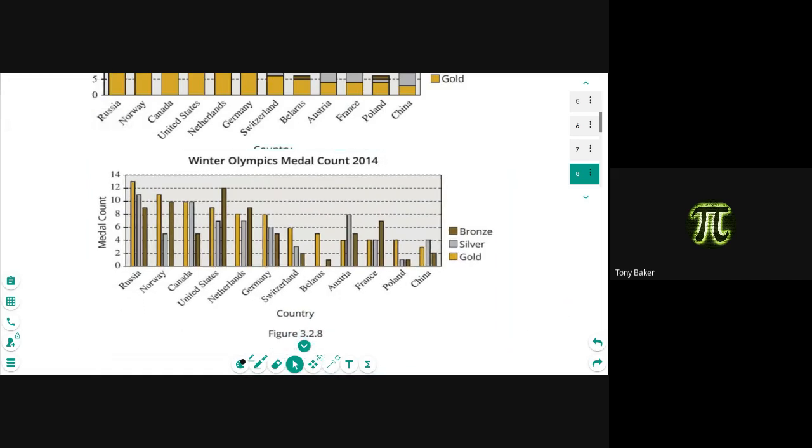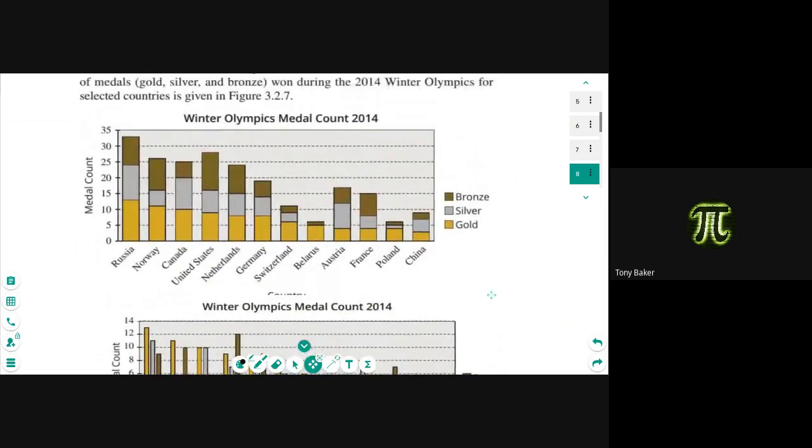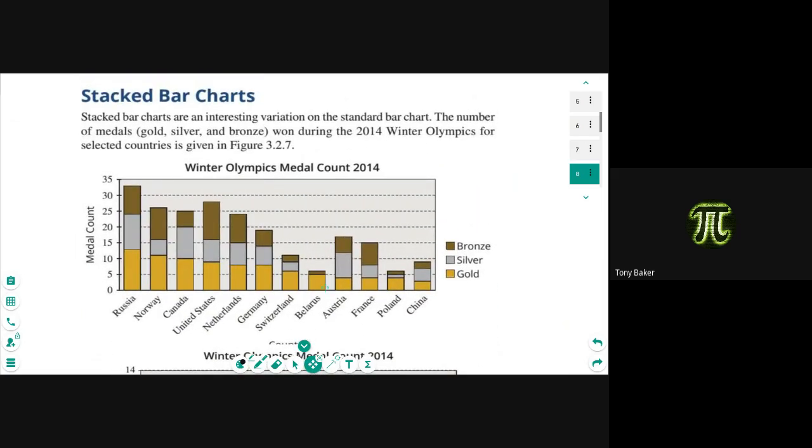Same graph, same information, except it's a lot busier. So it's a lot harder to read that information. So stacked bar graphs really do help with that. And it is one thing that you do see quite often, especially when you're looking at these things.